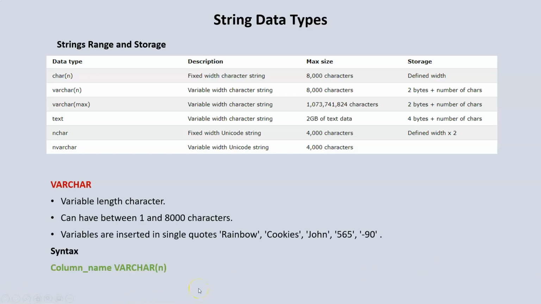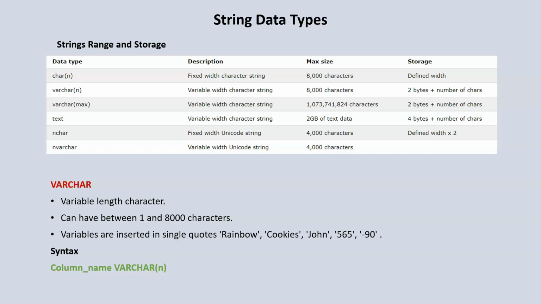So as mentioned, we'll be using VARCHAR in this course for string data types. And again, it does have a variable length character. It allows us to store between 1 and 8,000 characters. And importantly, values are inserted in single quotes. So for instance, rainbow, cookies, John, all of these are character values and have to be in single quotes.